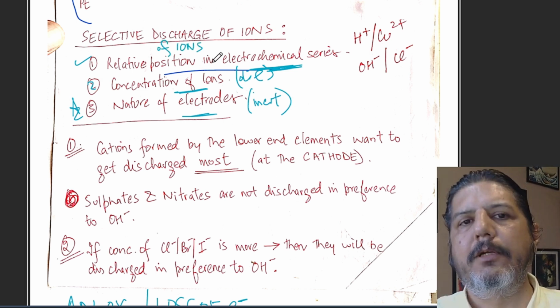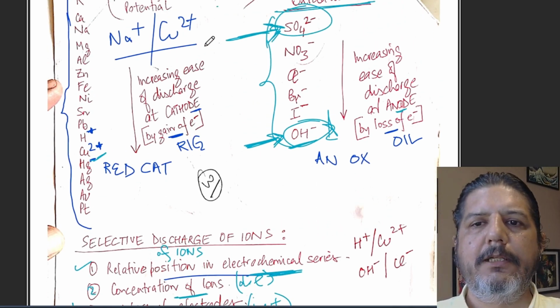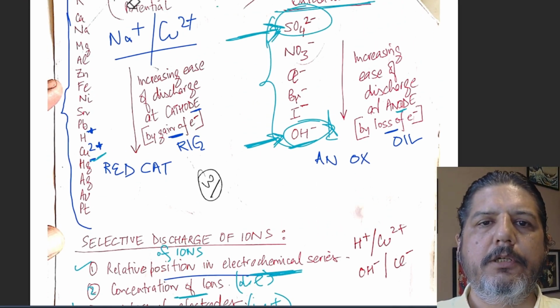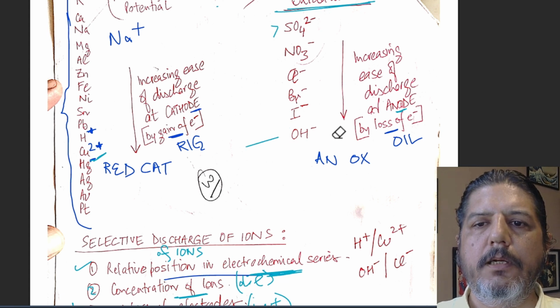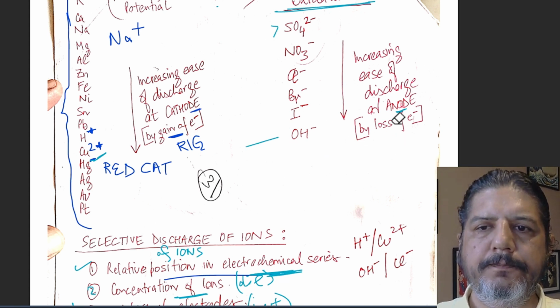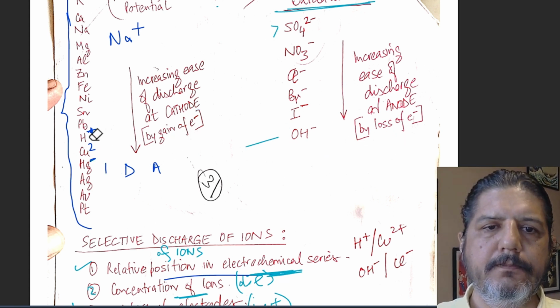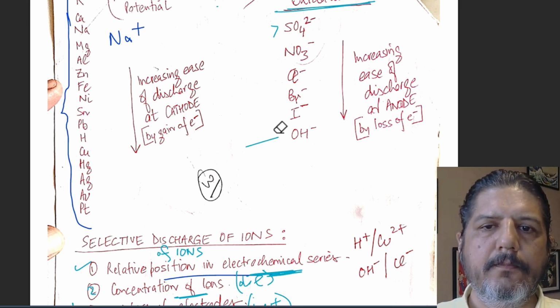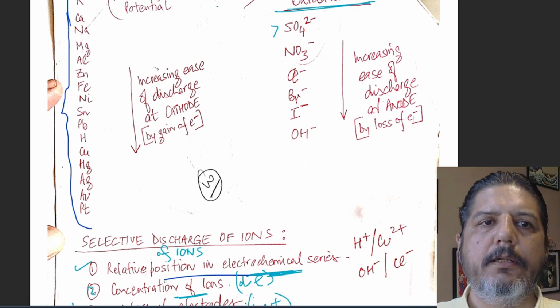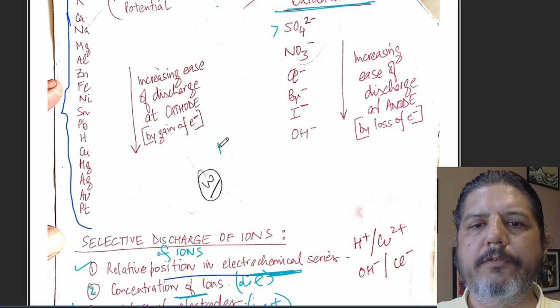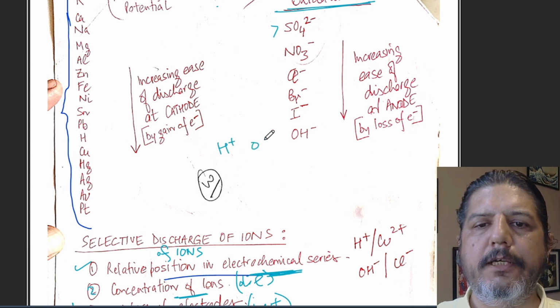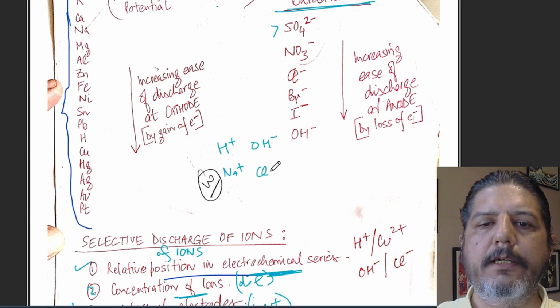In this case that we are doing now, the competing ions are H positive, OH negative, Na positive, Cl negative.